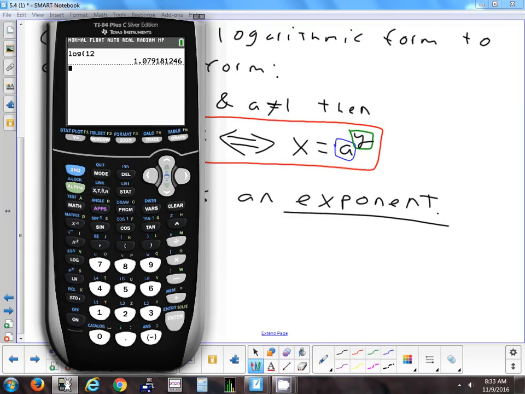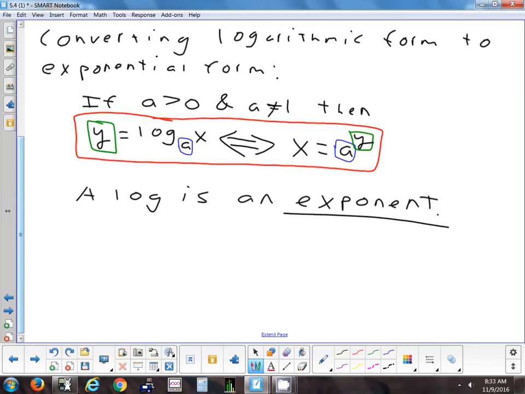I haven't shown you what yet, but it's an exponent. So anytime you calculate a logarithm, you are finding an exponent. That's why I always say the logarithm is always equal to an exponent. And if you can remember that, when you write it as an exponential, whatever the logarithm equals, put that as your exponent.